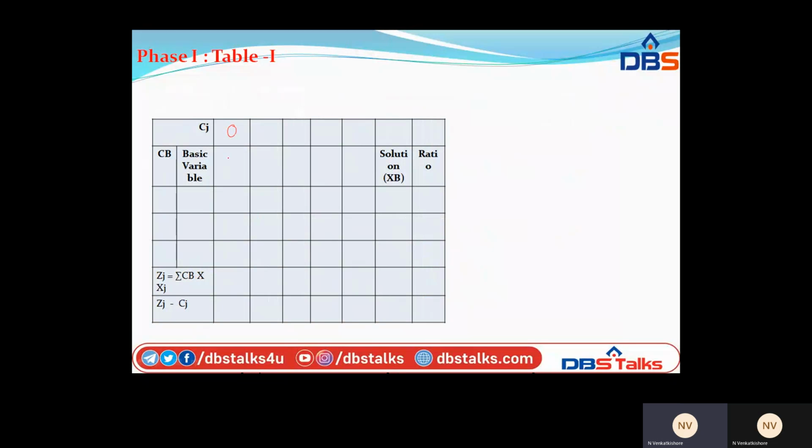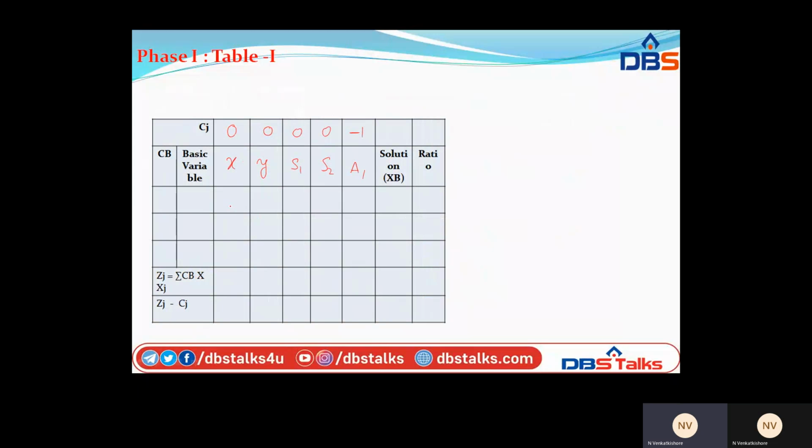The variables we are having are x, y, s1, s2, a1. Correspondingly, the Cj values are 0, 0, and for a1 only we are having -1.